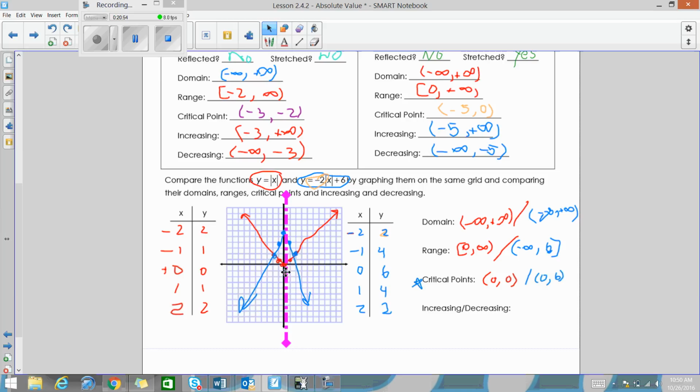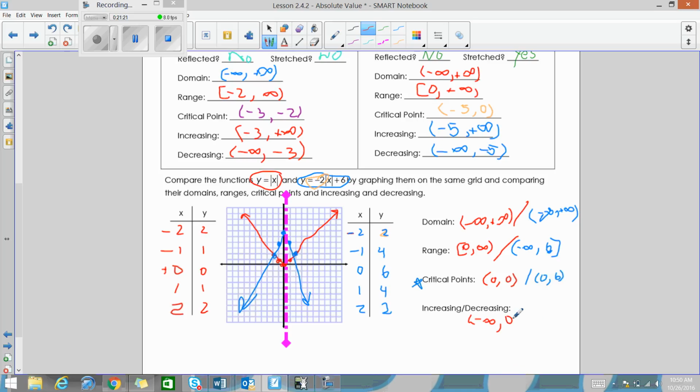So by putting this on here, it should help us determine what's increasing, decreasing. So let's start with the red function. We're actually going to go decreasing first, because if you look, remember, we always want to go from left to right. We're actually going to decrease in the red function from negative infinity all the way to 0.